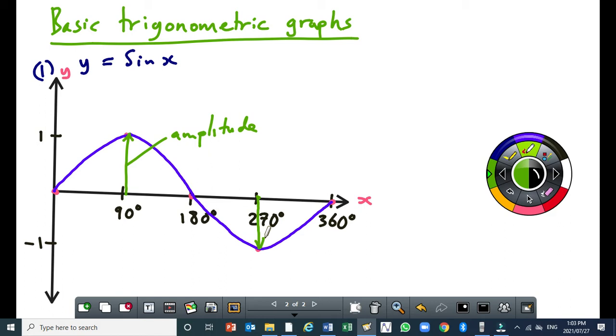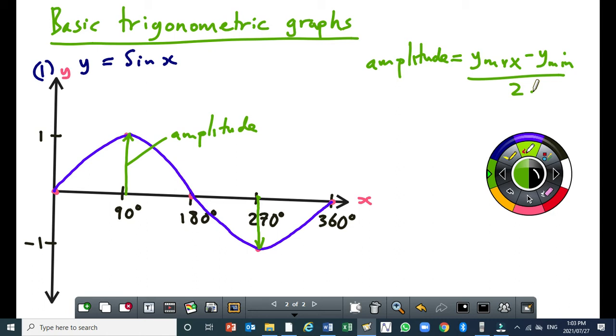Furthermore, you can also use the formula which I told you about. Amplitude is equal to y max minus y minimum all over 2. You can also determine the amplitude from the equation.